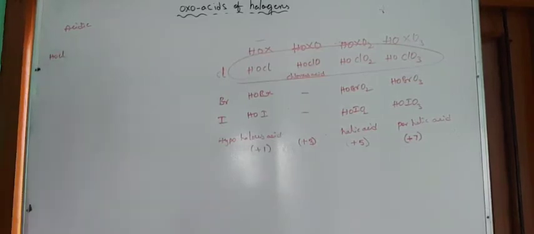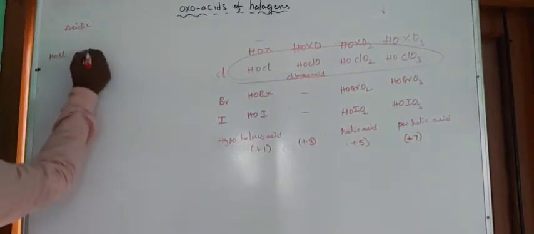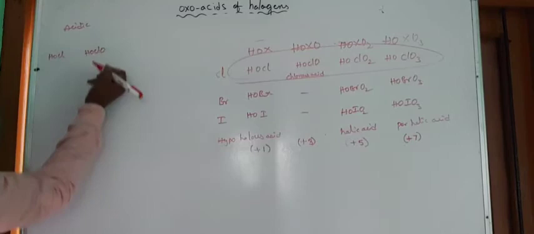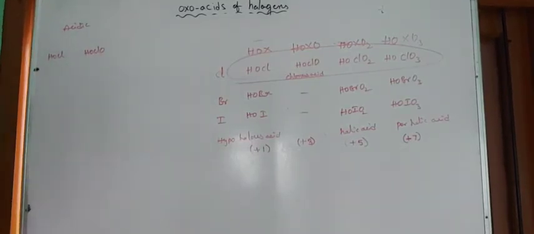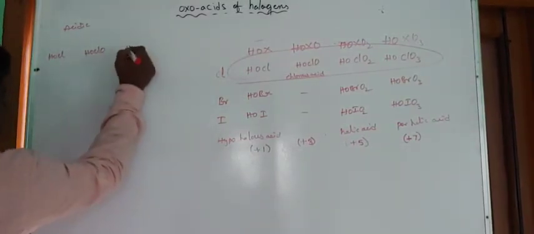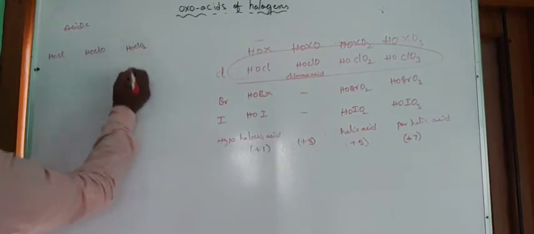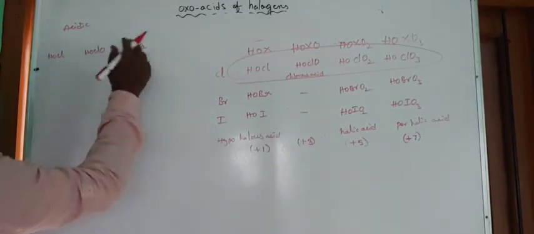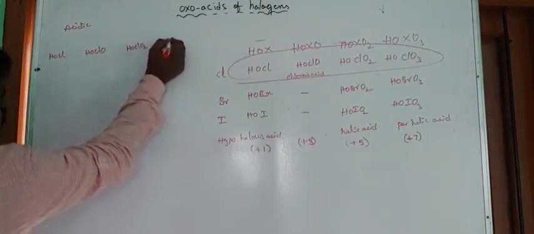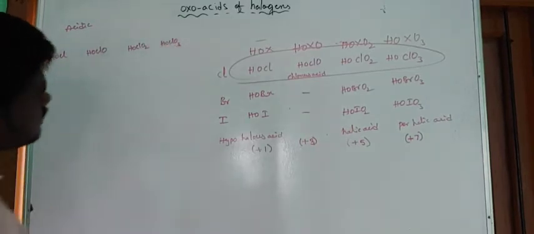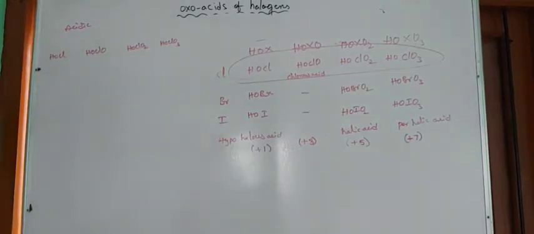HOCl, this is hypochlorous acid, and HOClO, this is chlorous acid, and the next one HOClO2, this is chloric acid, and HOClO3. So what is the name of that one? Perchloric acid.